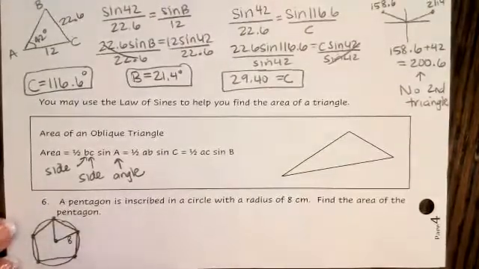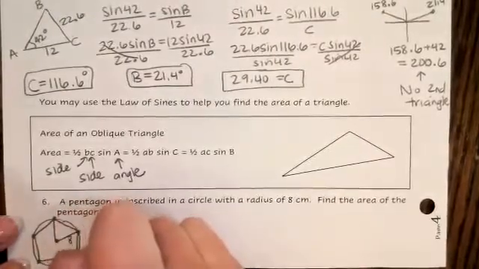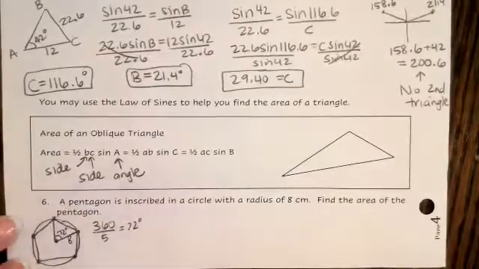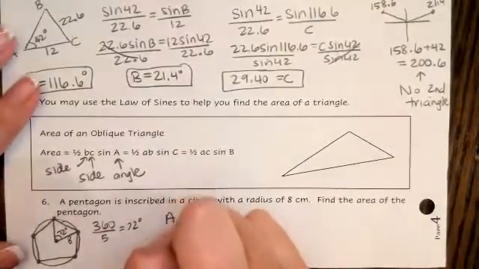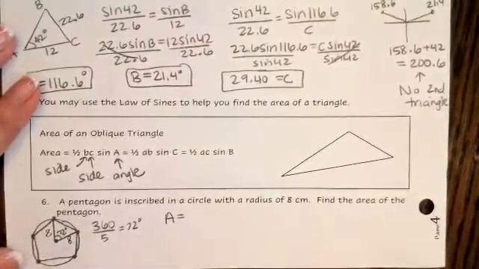Since a circle is 360 degrees, and there are 5 of these little triangles in here, 360 divided by 5 would give me 72 degrees. That means this angle right here has to be 72 degrees. So now we're ready to set up our area formula here. For this triangle, we're given this side, and this angle.